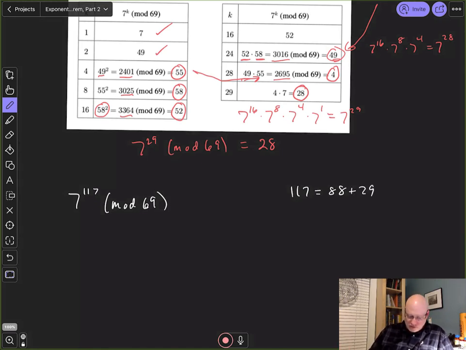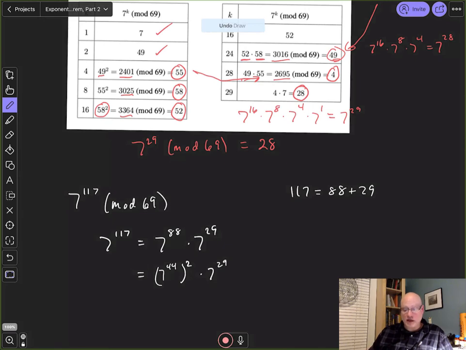So what I can do is rewrite 7 to the 117th as 7 to the 88 times 7 to the 29. And here's where Euler's comes in now. This is why the reduced residue piece does become important. Because I can rewrite this as 7 to the 44th squared times 7 to the 29th.